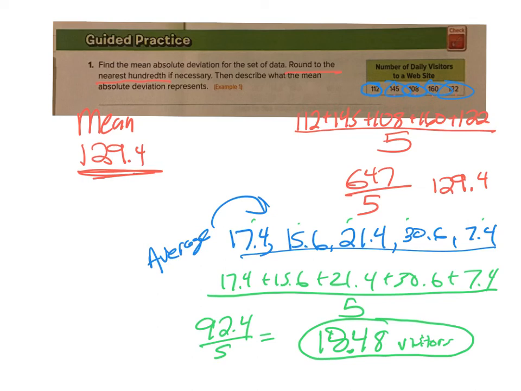And what that means is when you have an average of 129, let's say that's 130 visitors a day. That's about the average.